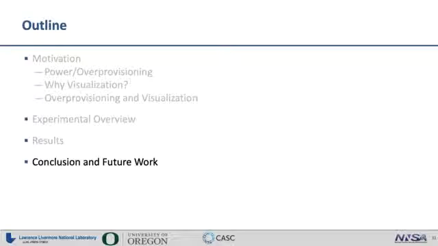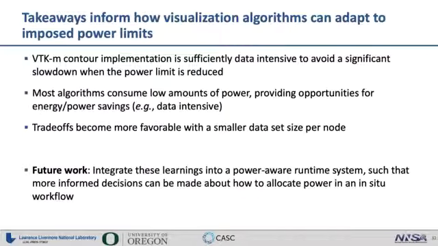Now we'll dive into our conclusion or takeaways and future work. So our takeaways from the study inform how visualization workloads can adapt to the imposed power limits at exascale. In phase 1, we showed that the contour implementation is sufficiently data intensive to avoid a significant slowdown when the power limit is reduced.